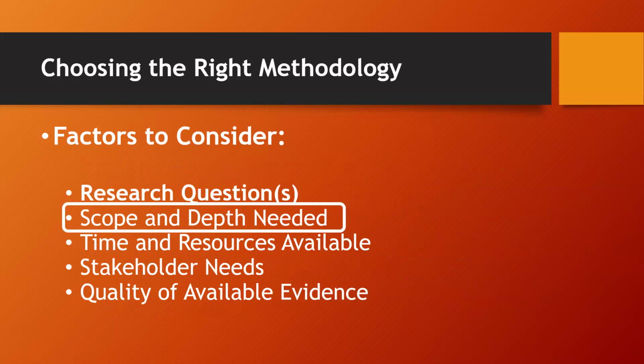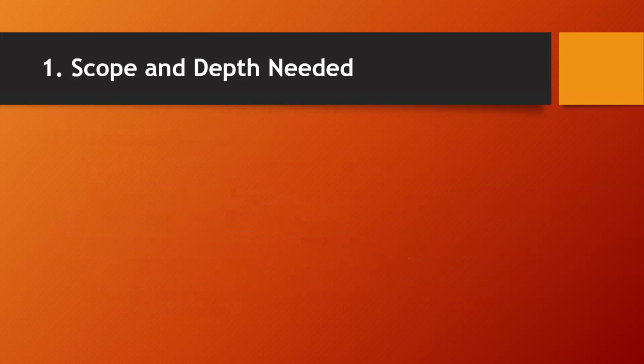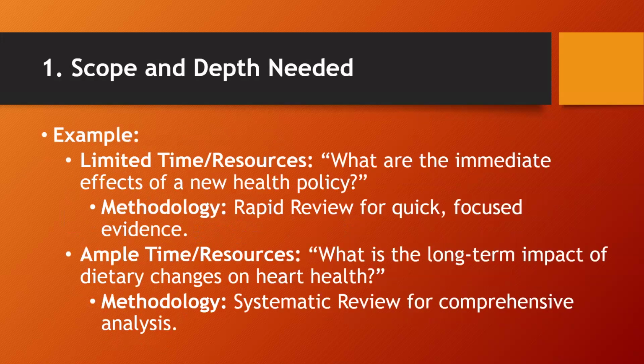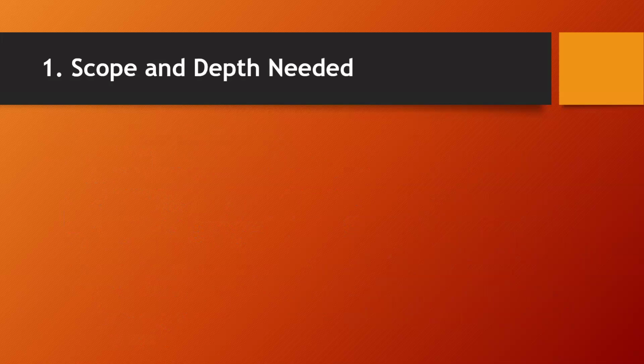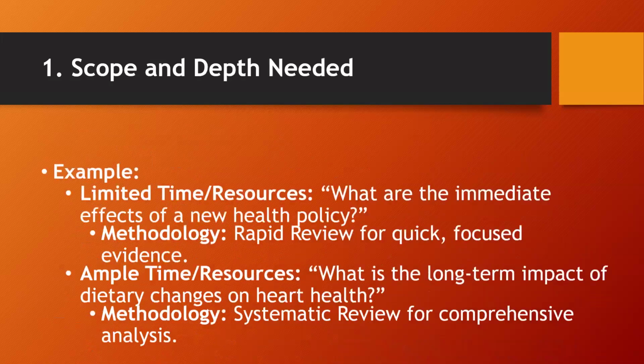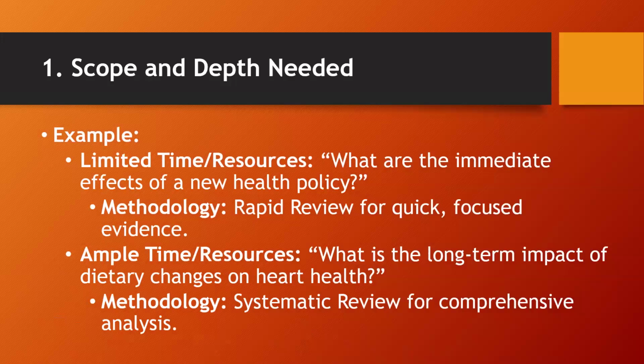Another one is the scope and the depth needed. This is the extent and the detail of the information required for the research. This influences whether a broad overview or a detailed analysis is appropriate. So here are the examples. If you have limited time and limited resources, you can use a rapid review for quick, focused evidence.